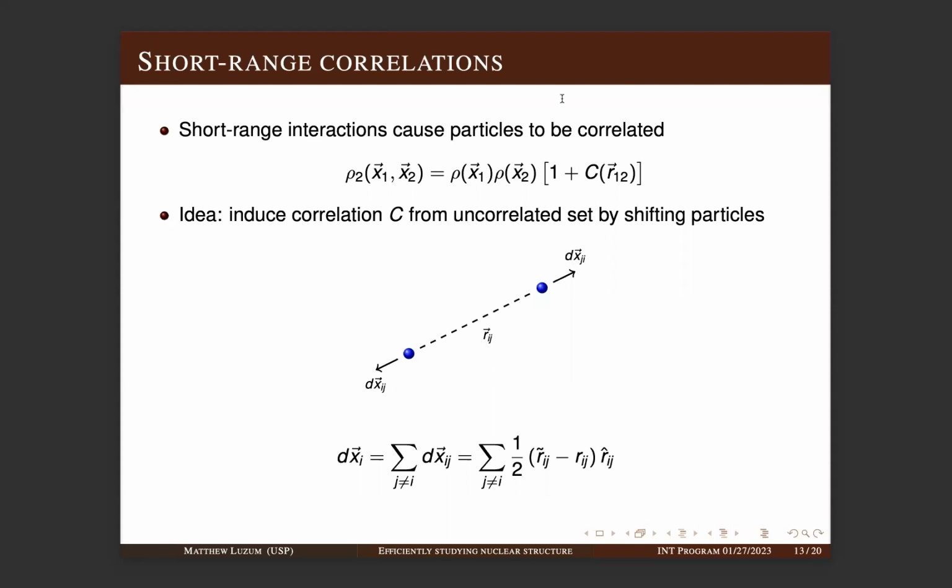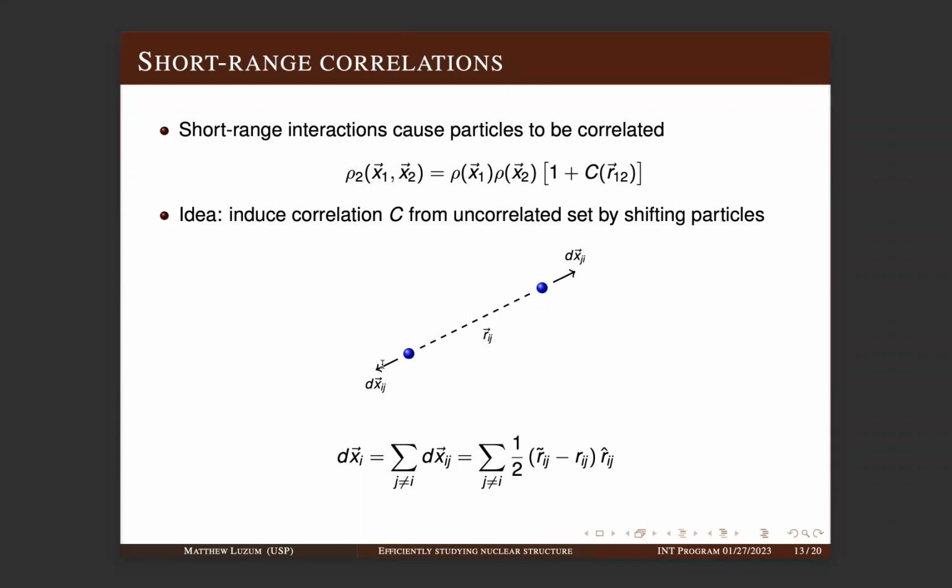So it's going to work like this. We go pairwise and see what's the distance between the pair, and then ask how much we should change that distance in order to affect this correlation function. When we actually implement that, we do it in a symmetric way: we change the position of one by half that amount, and the position of the other by half that amount.